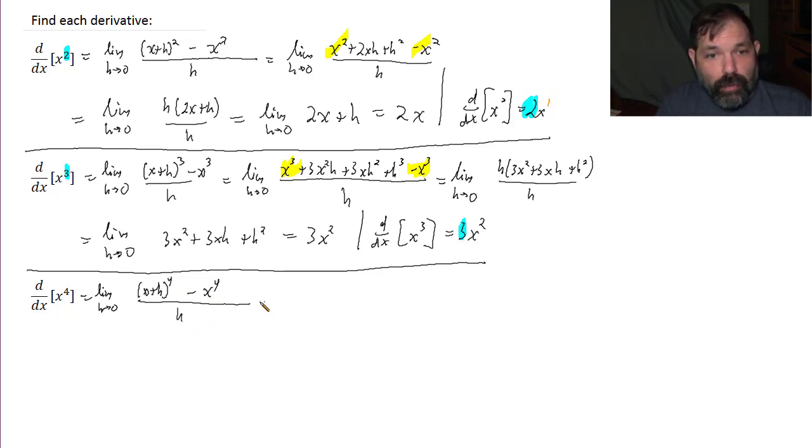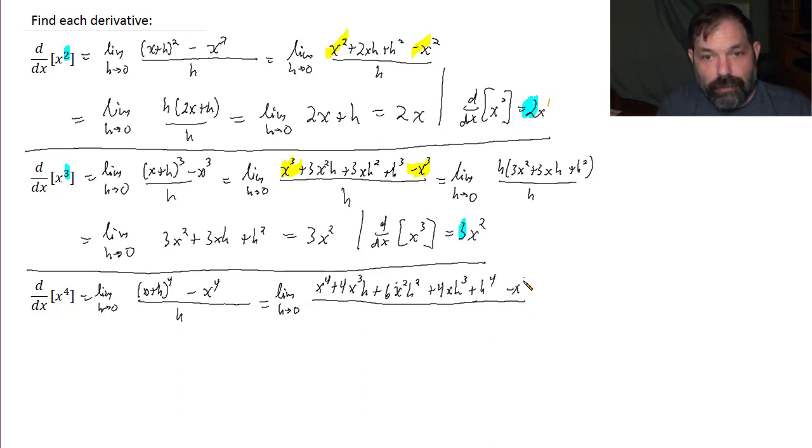If we expand x plus h to the fourth power, that ends up being x to the fourth plus 4x cubed h plus 6x squared h squared plus 4xh cubed plus h to the fourth, minus the x to the fourth, over h.